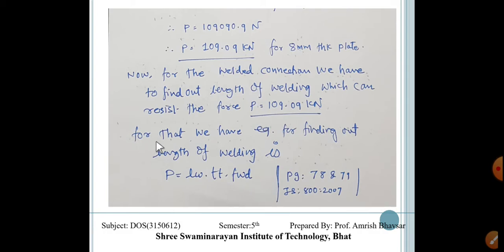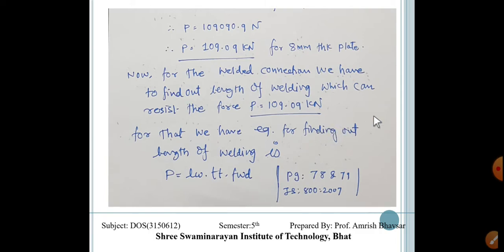For that we have the equation for finding the length of welding: P is equal to Lw into Tt into fwd. This equation was discussed earlier. This equation is also given on page numbers 78 and 79 in IS 800:2007. From this equation we can get the length of welding.